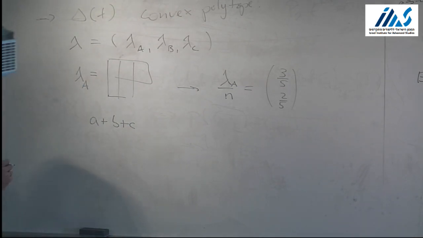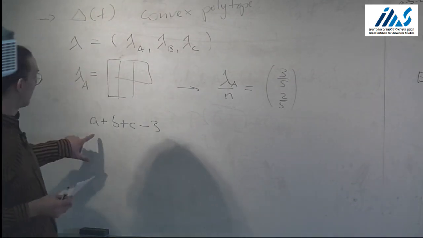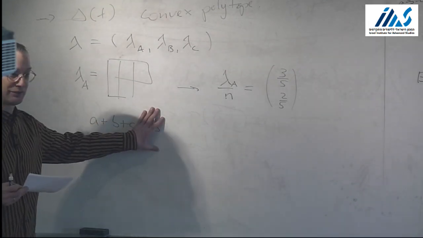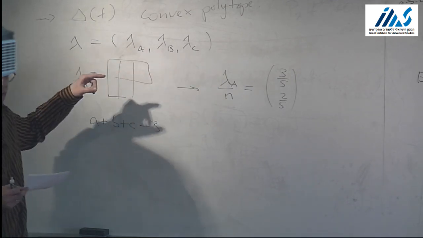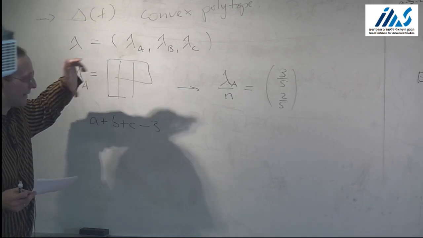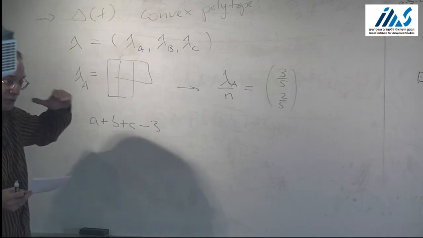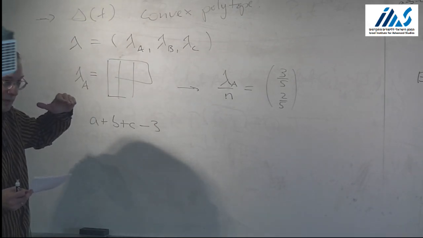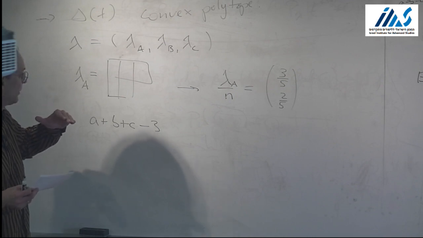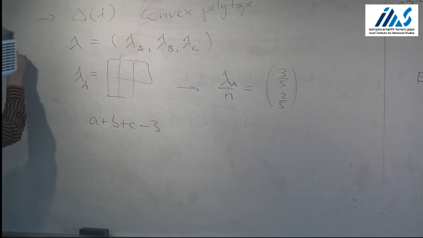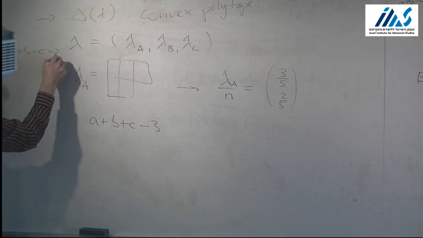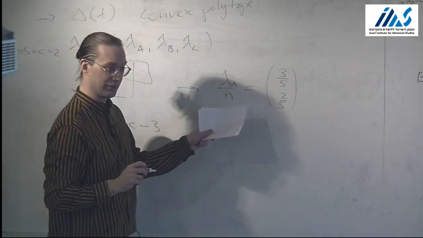Right, minus 3, because they normalize to 1. That's right. But now if you forget the normalization for a moment, for the a coordinate, lambda has these 3 coordinates, and lambda a has a rows. So this is really 3/5, 2/5, 0, or whatever. It depends what your dimension was. If a, b, c were 2, then it's 3/5, 2/5.